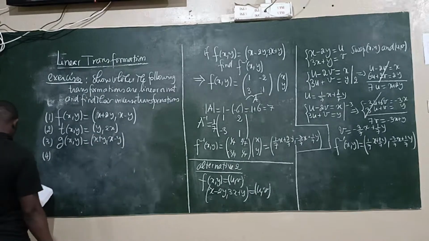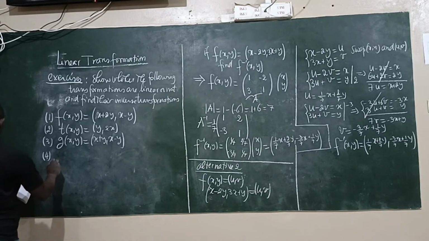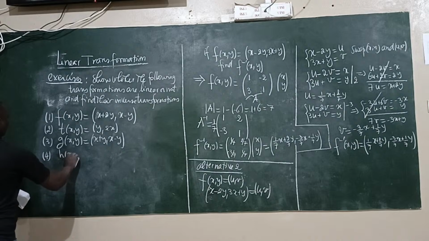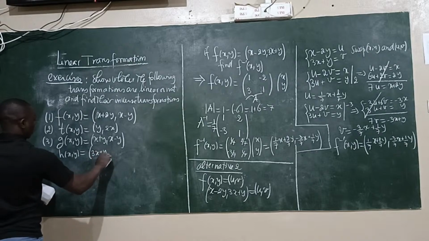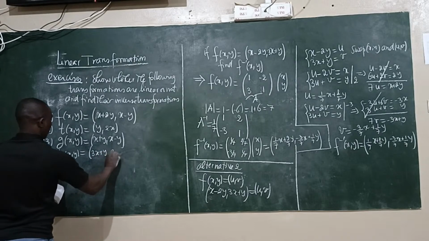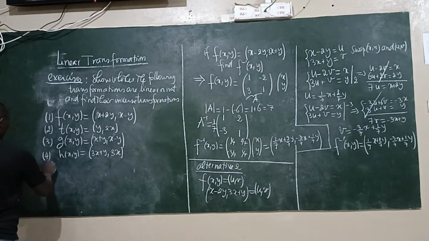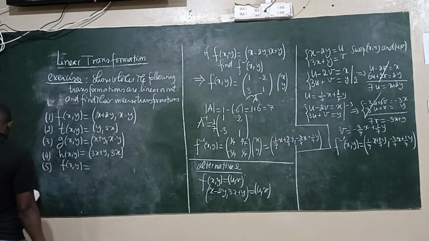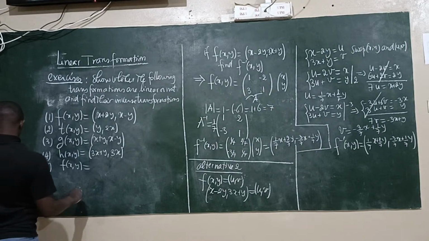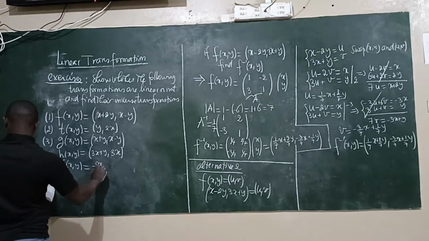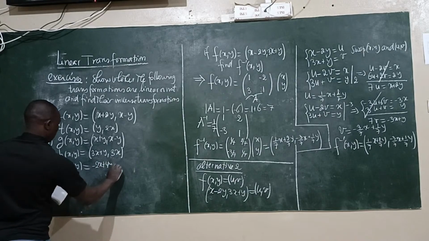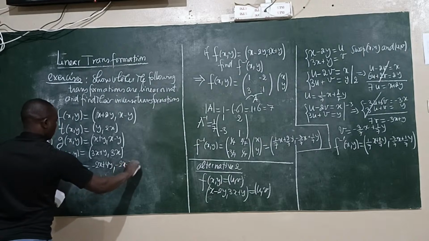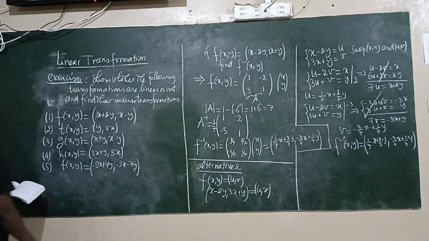For 4, we have h(x,y), which is (3x plus y, 3x). 5, let me have f(x,y), which is equal to (minus 2x plus 4y, minus 2x minus 7y).